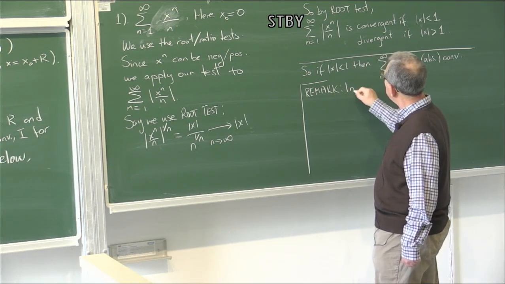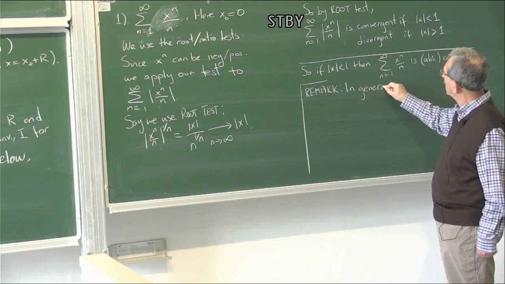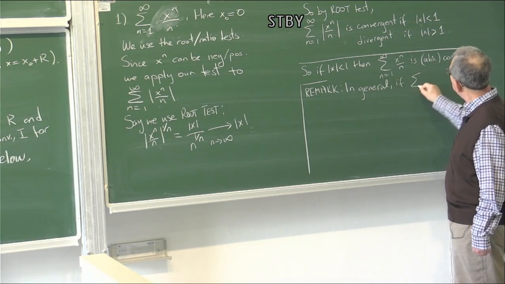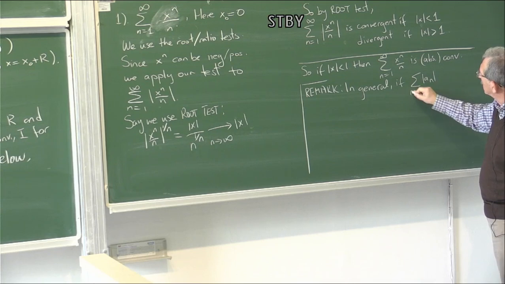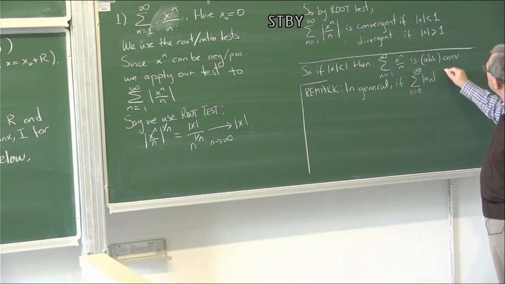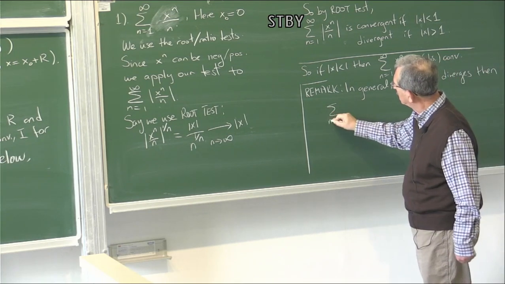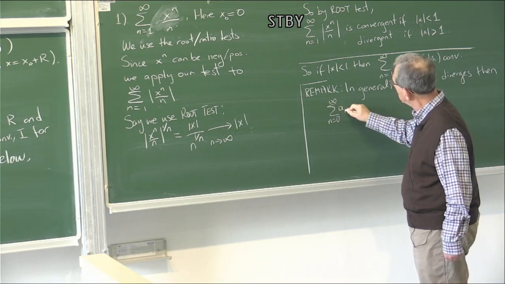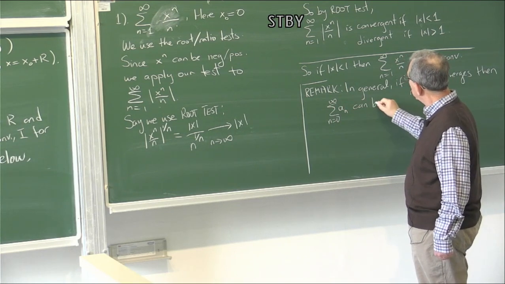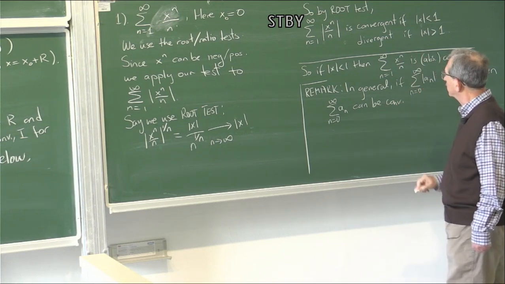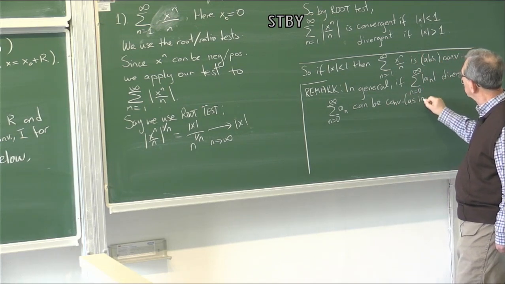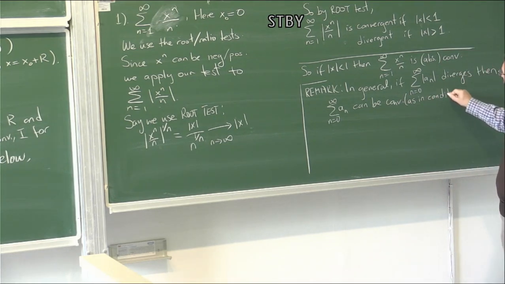In general, if the series with absolute value diverges, then the series without absolute value can be convergent, as in conditionally convergent series.